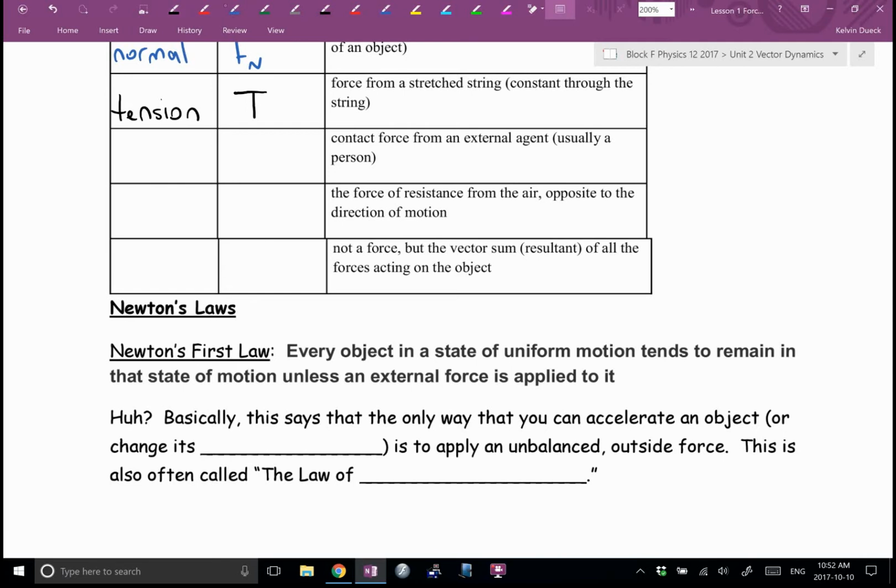What did we call the force that could be described as a contact force from an outside or external agent, usually a person, something coming from off the page? That's what we call the applied force.